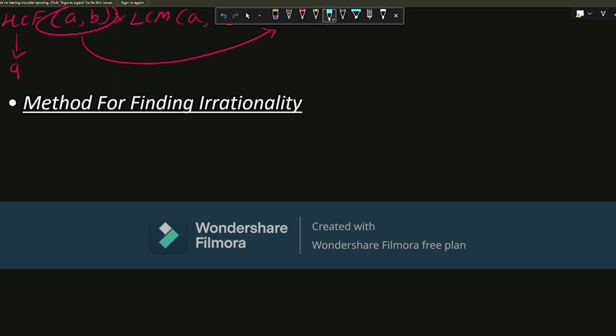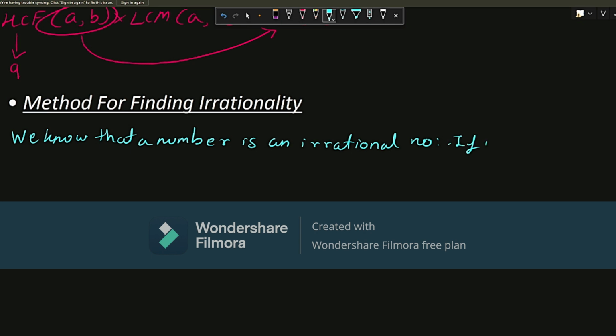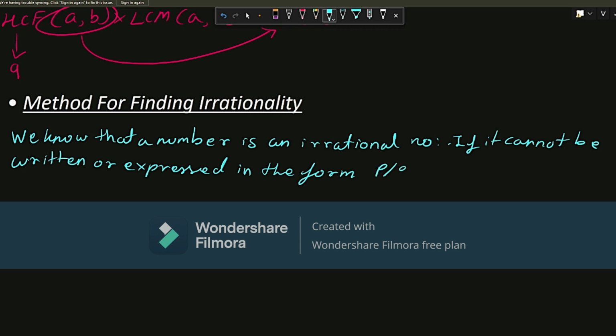So first of all, there's a statement that you need to write in your books. We know that a number is an irrational number if it cannot be written or expressed in the form p by q, where p and q are integers and q is not equal to 0.